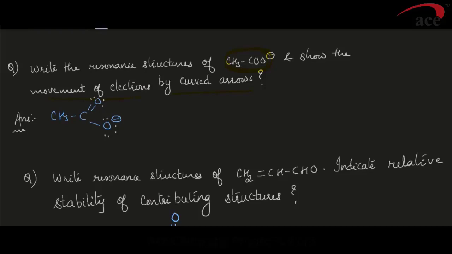I repeat, a singly bonded oxygen atom has 3 lone pairs, and a doubly bonded oxygen has 2 lone pairs, followed by double-headed arrows indicating contributing structures. Now draw the arrows one at a time, moving the electrons to get the other structures.